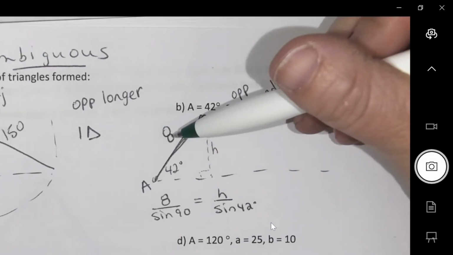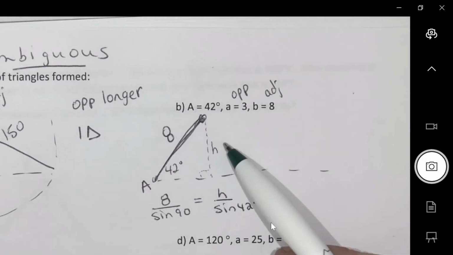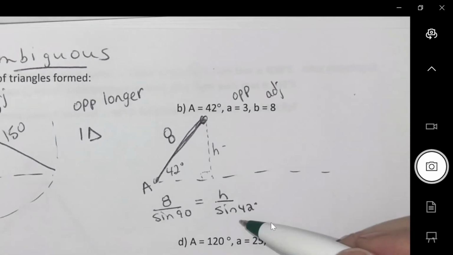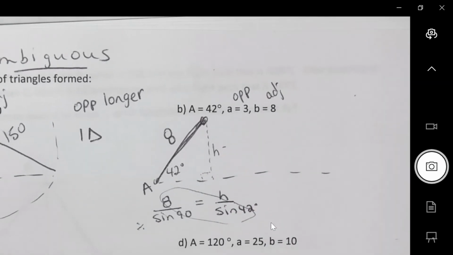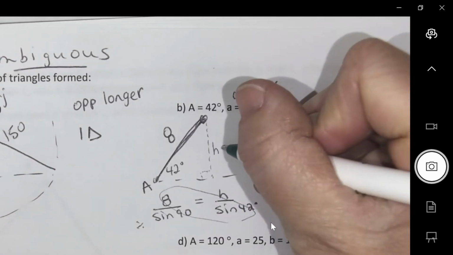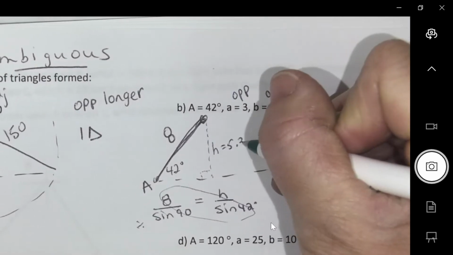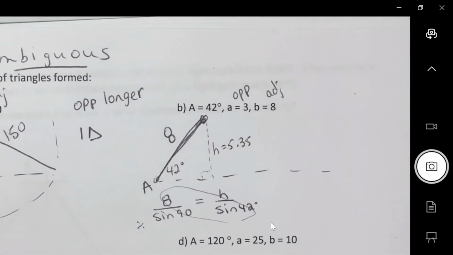You see my pairs, 8 and 90, height and 42. Okay, I'm going to times and divide. So the height was 5.35.